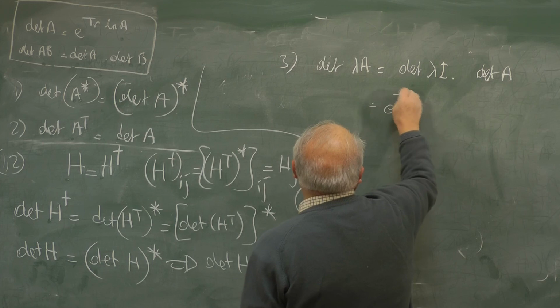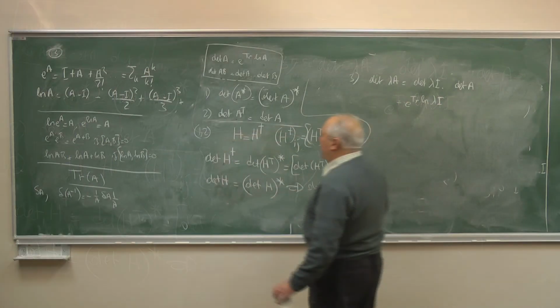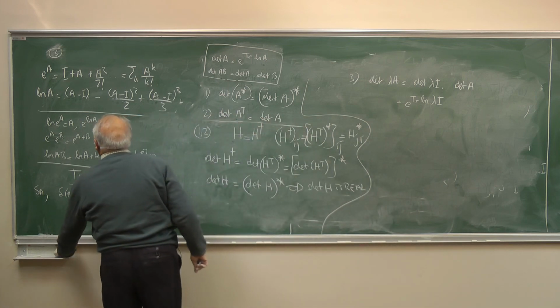And this one is e to the trace log lambda I, and let us look at what log lambda I is.